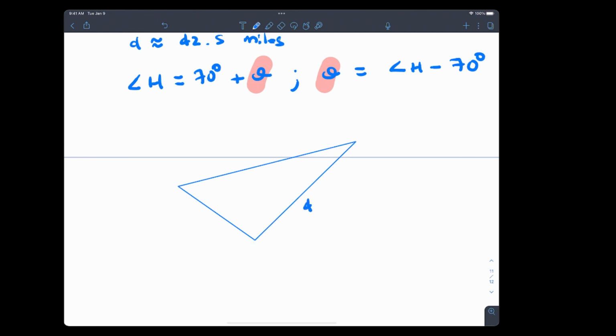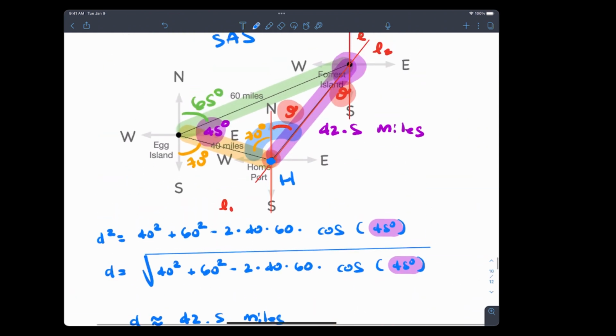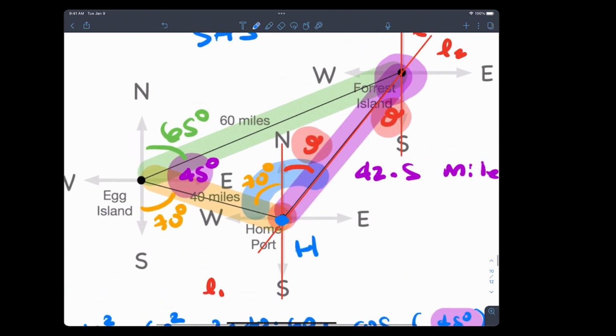I'm going to put 42.5, 40, and 60. This is side, side, side. And angle H is what you're looking for here. This would be that little h if we labeled it that way. So double check. Are we okay with that picture? Do you guys see my point?